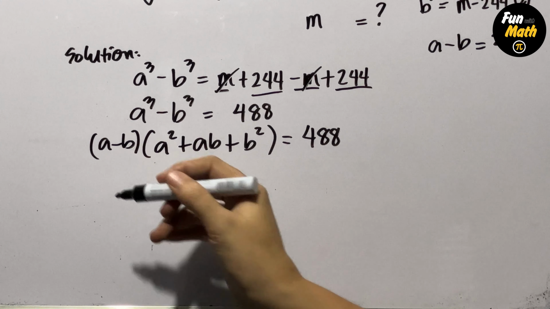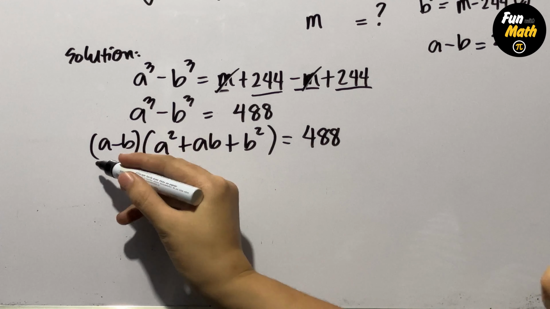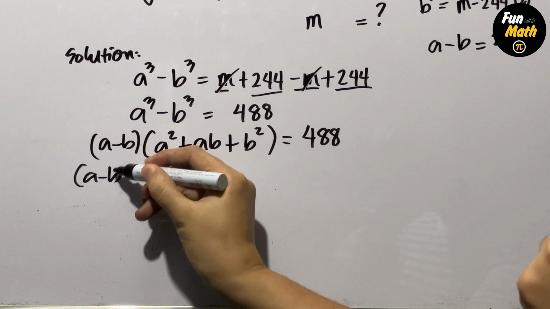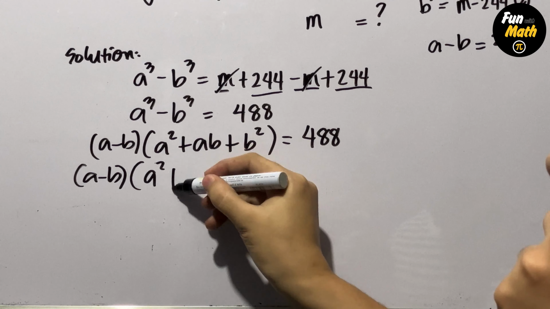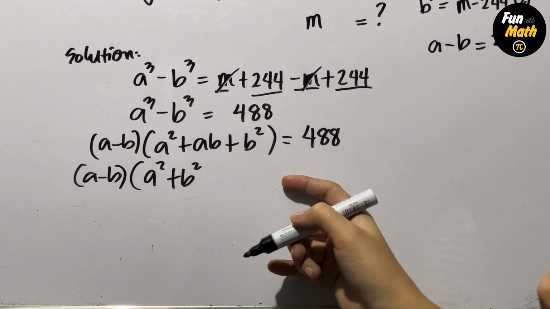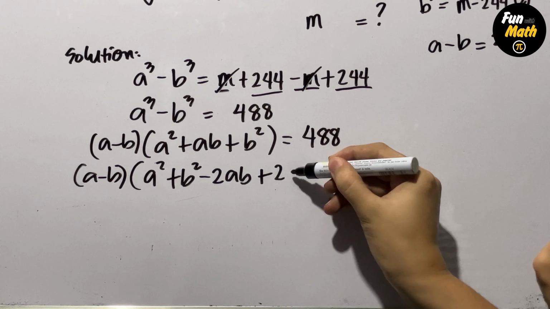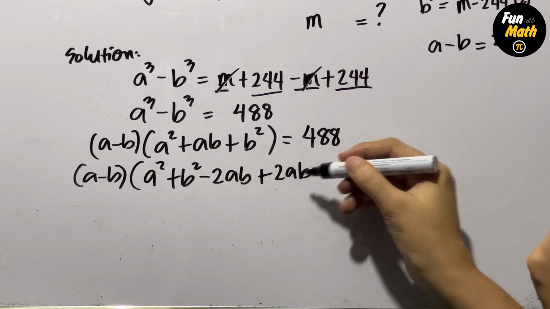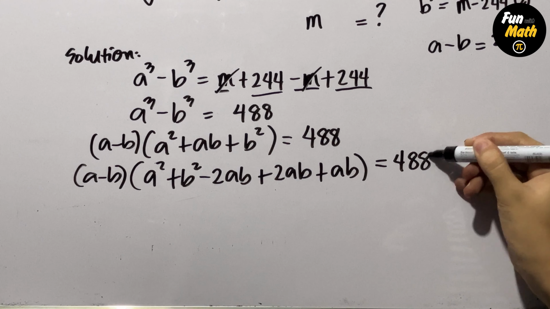And that is minus 2ab plus 2ab. So this is now a minus b times a squared, let's arrange, plus b squared. And here, let's insert the equivalent to 0. And that is minus 2ab plus 2ab. Then plus ab equals 488.